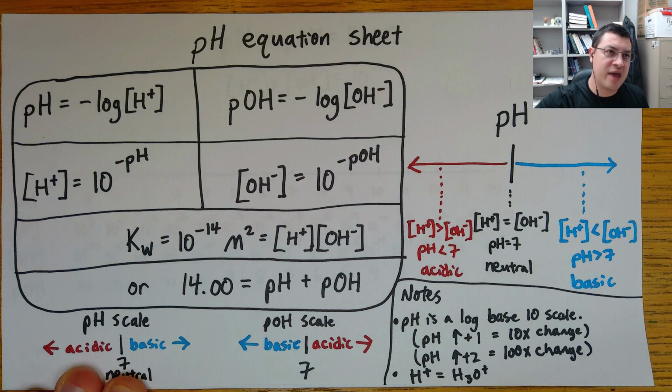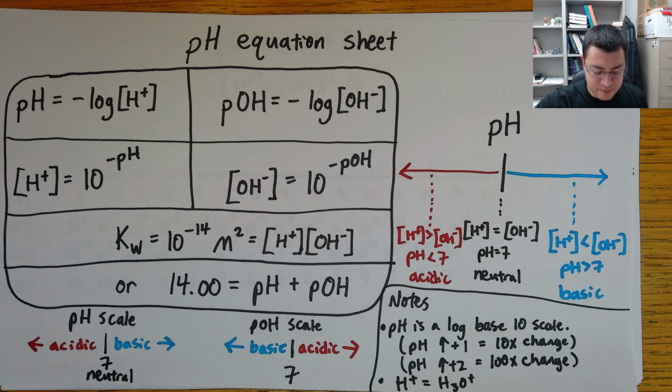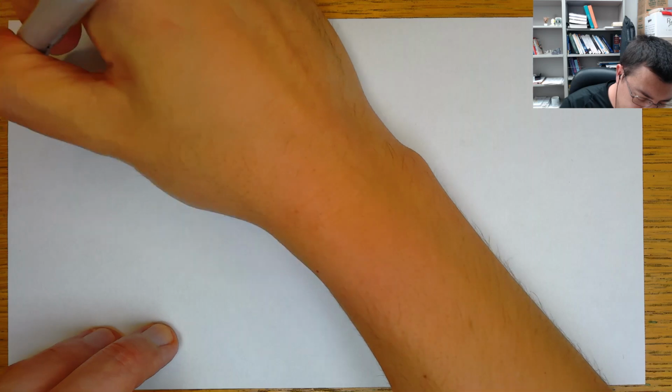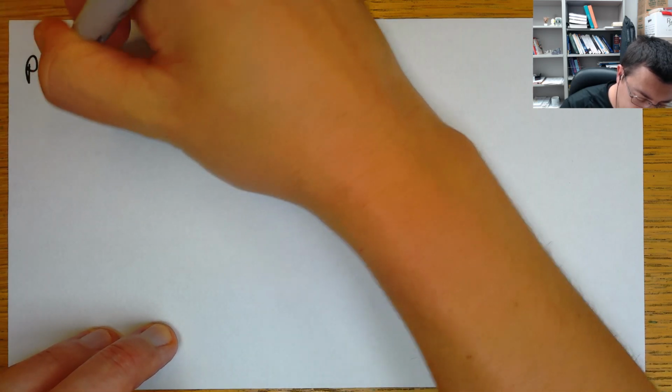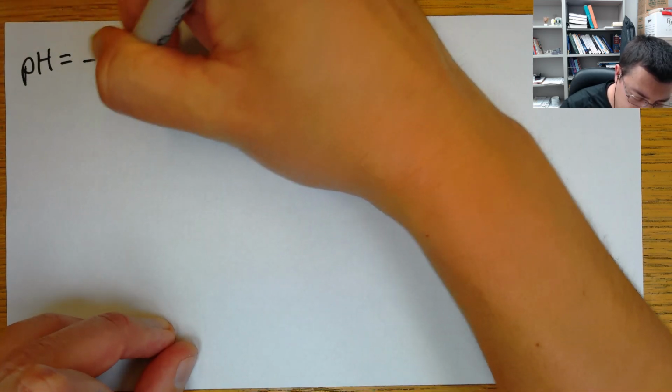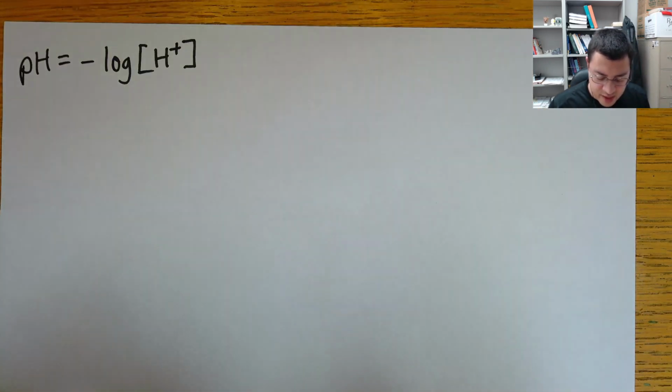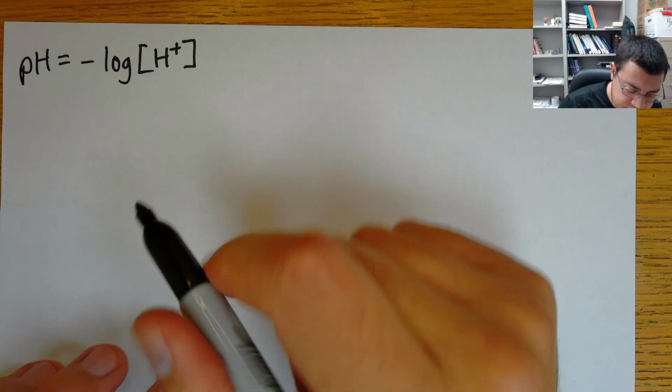If you're not interested in the mathematics behind the scenes, then feel free to skip that little chapter of this video. But otherwise, here it is. So we take the first statement, pH equals negative log of H+. All right, so you'll notice that the H is the same on both sides.